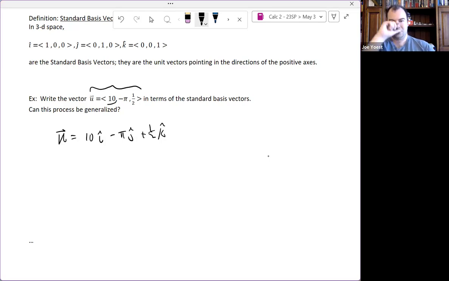So this is just saying go in the x direction 10 units, go in the y direction minus pi units, go in the z direction 1/2 of a unit. So that's the equivalent in terms of the standard basis vectors.